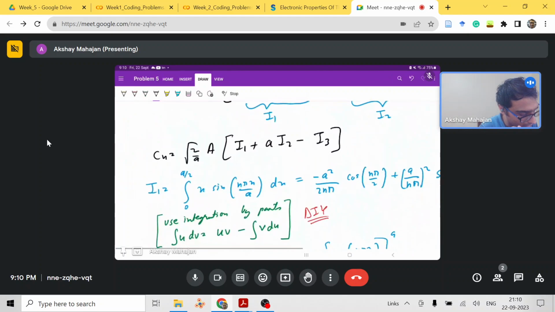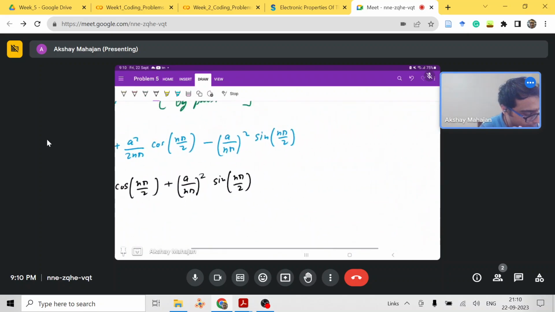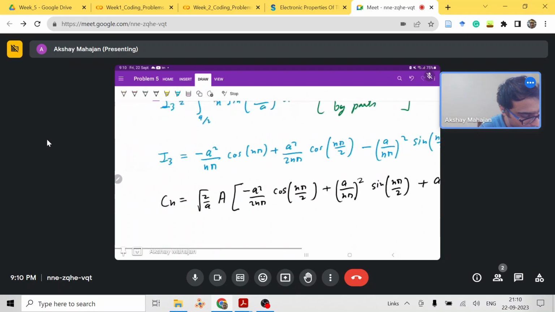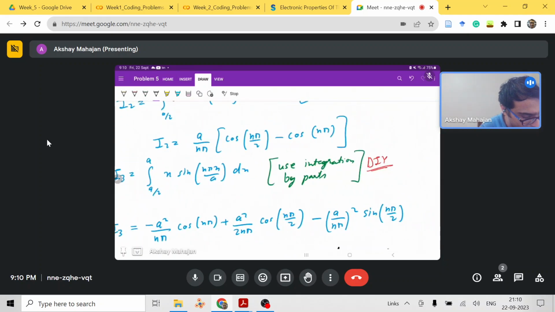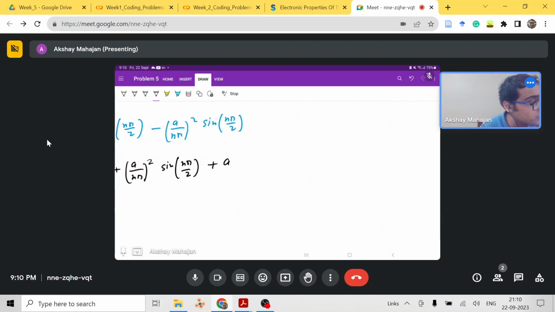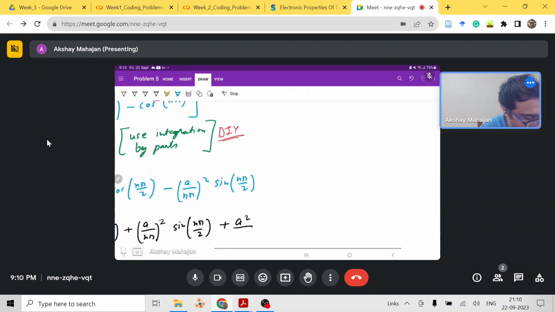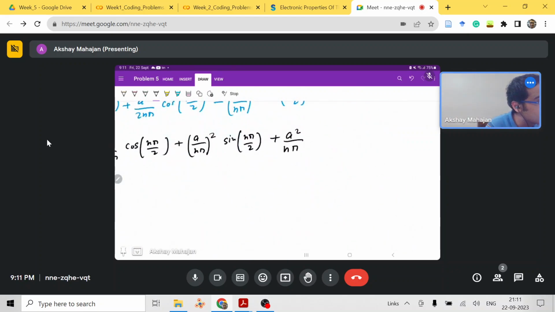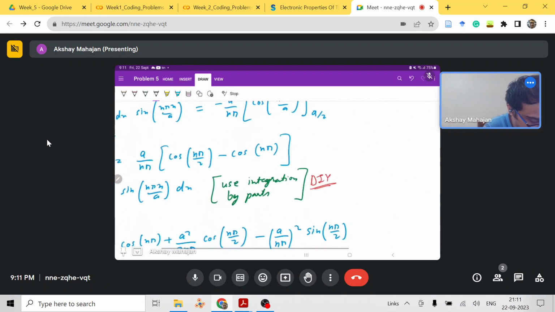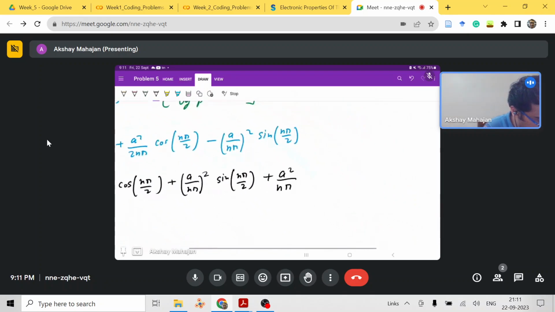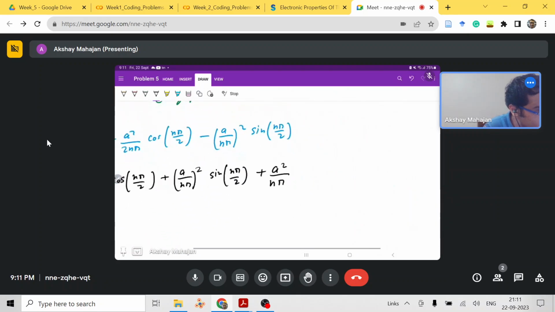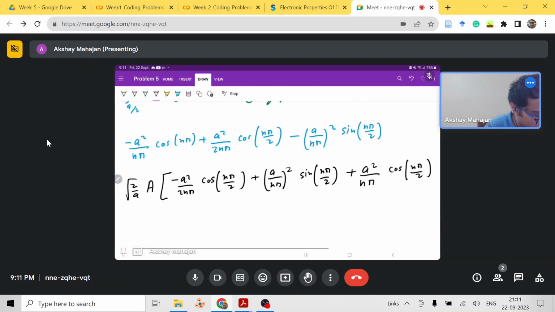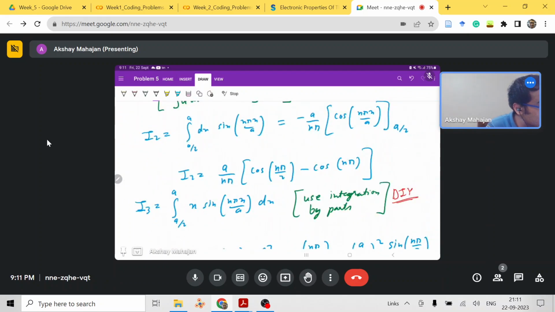Then we have I1 plus a times I2, and I2 we have found is a upon n pi times cos of n pi by 2 minus cos of n pi, so it will be a square upon n pi times cos of n pi by 2 minus cos of n pi.